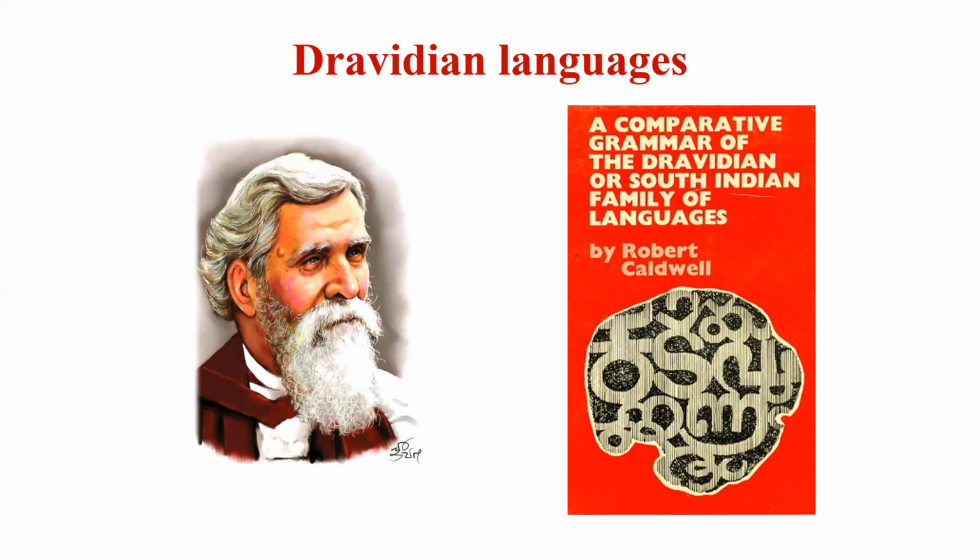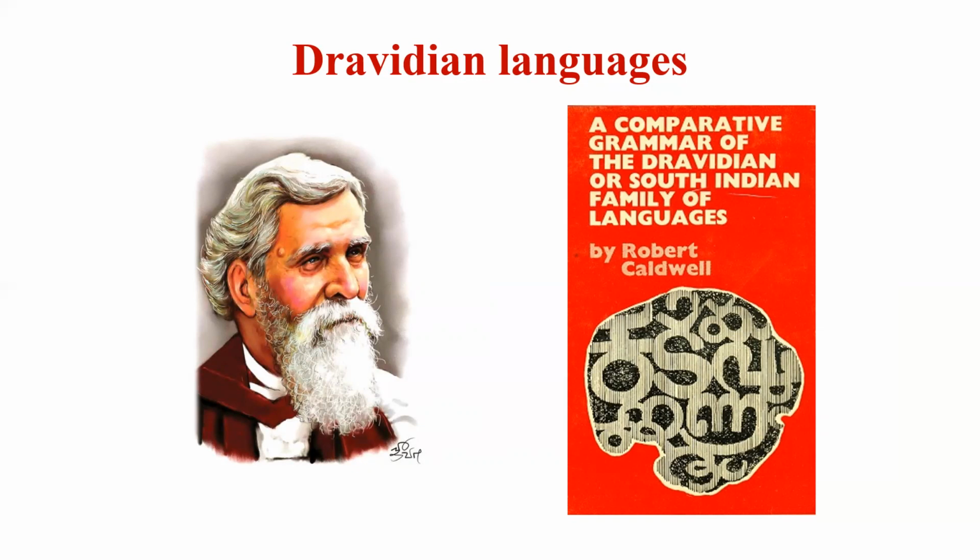This was put forward by Robert Caldwell, a priest who also studied the southern languages for more than 50 years. He built a famous church in Idayankudi in Tirunelveli district in Tamil Nadu. He came up with a book called A Comparative Grammar of the Dravidian or South Indian Family of Languages, where he talks about Tamil, Telugu, Malayalam, Kannada, Tulu, Toda, and a lot of other languages.